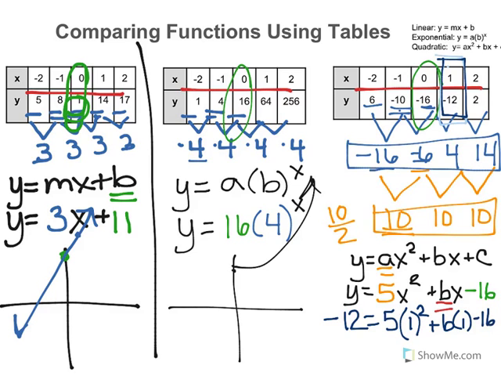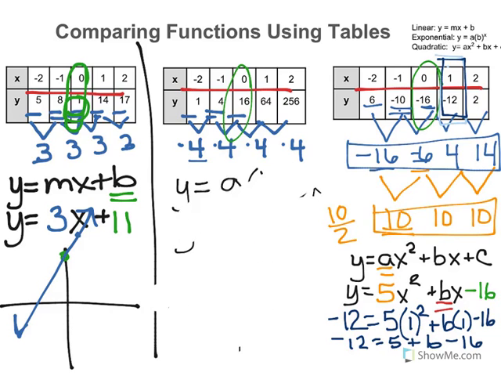And let me solve this equation. So I have -12 equals 1 squared is 1 times 5 is 5 plus 1 times b is b minus 16. And I'm simply going to make some workspace over here, and solve for b.